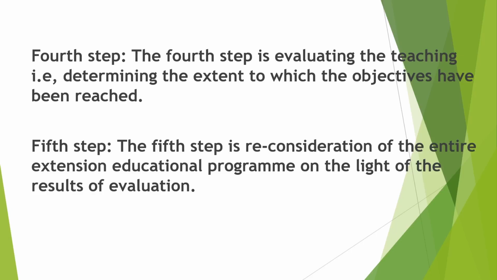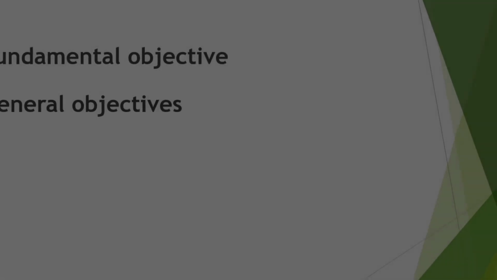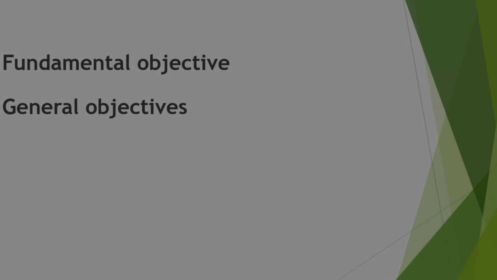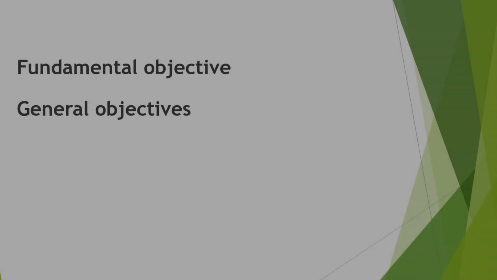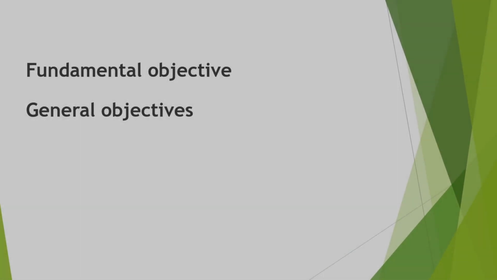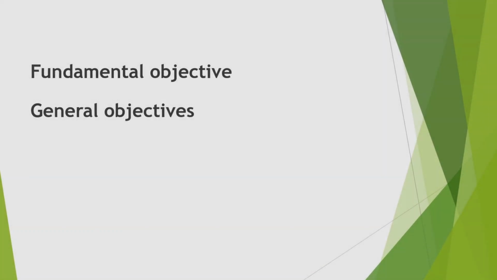So we return now to the objectives. After having done your re-evaluation, it's good that you set up your objectives. Usually, the fundamental objective of extension process is the development of the people. In other words, what we're looking at is how do we improve the standard of living of the people? How do we support the people, the rural people?